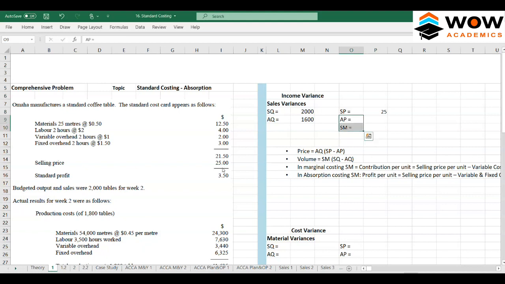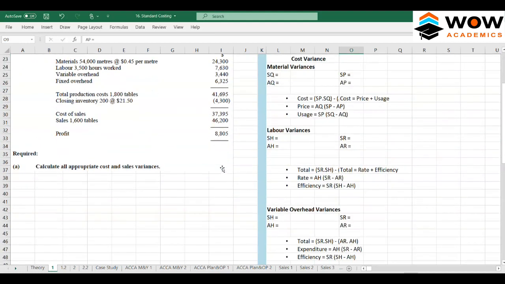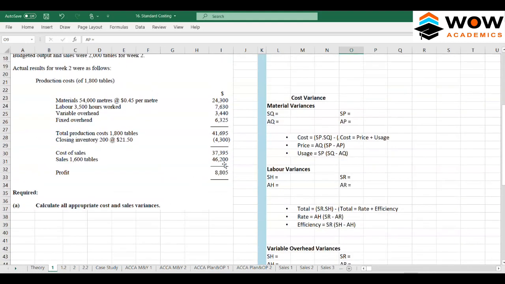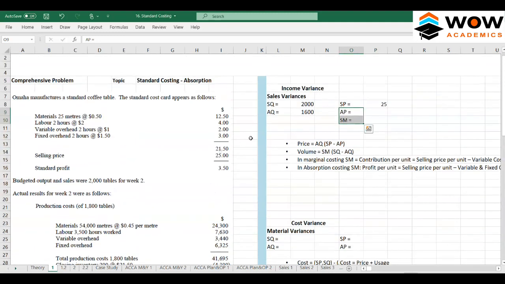They have sold at 46,200 on 1600 tables. It's not given directly, so we have to find it out: 46,200 divided by 1600. The value you get here should be similar to the 25, it should not be way different. So their actual price is way higher. That's about AP.